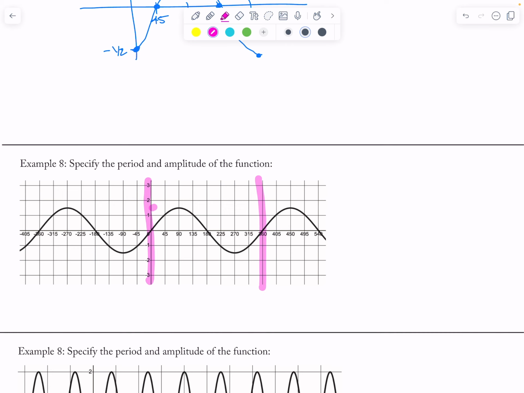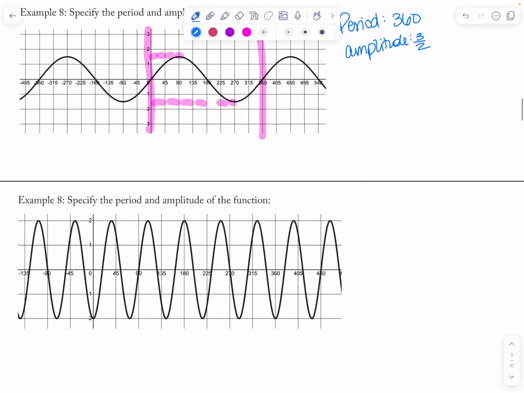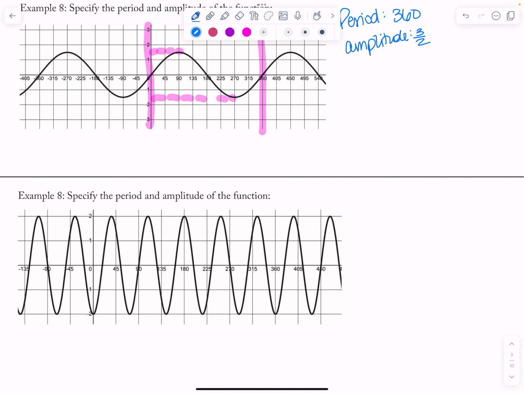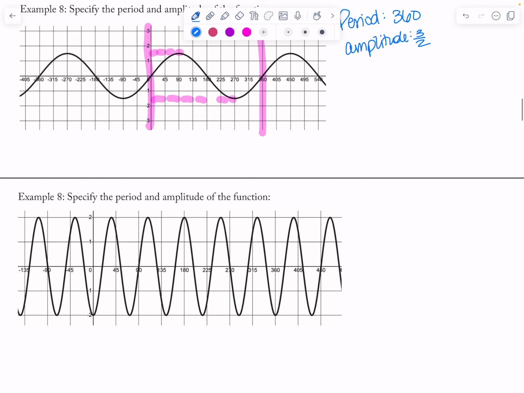It looks like the amplitude is right about 1.5. So my period is 360 degrees and my amplitude is 3/2. Okay. And yes, you could have done it for cosine, but the amplitude and the period would have been the same.